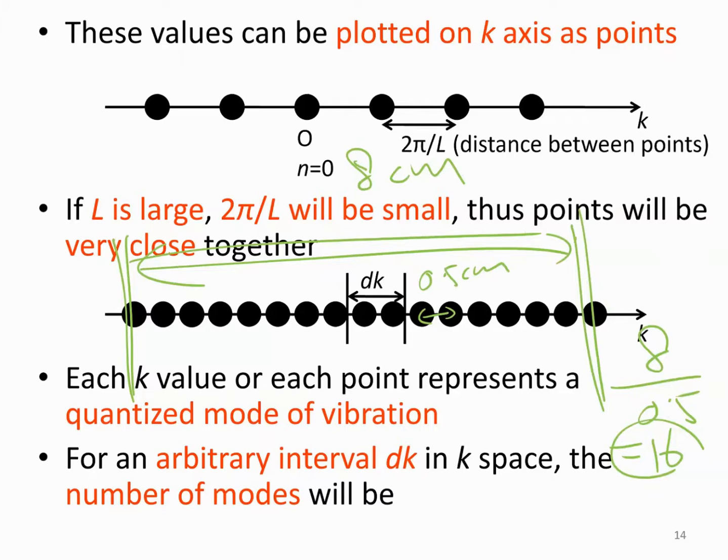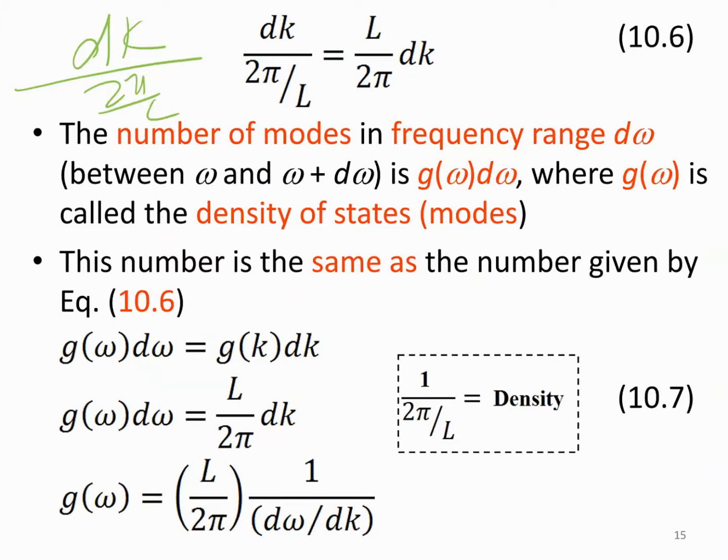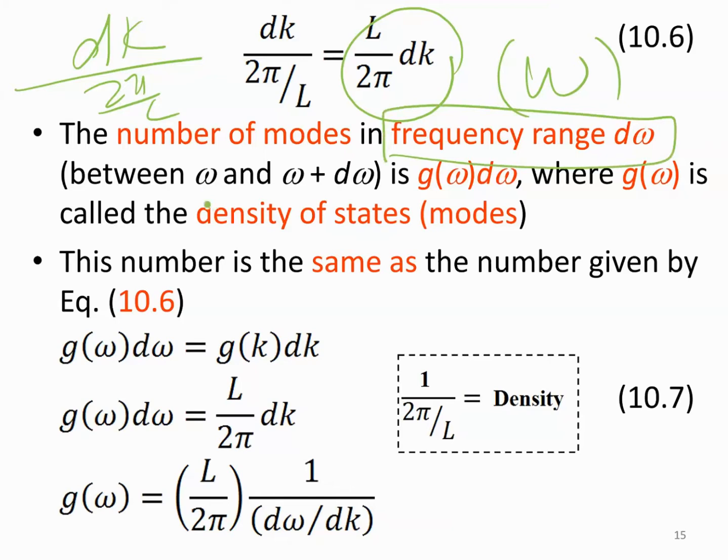But now, we want to know the number of modes in the frequency range of d omega. Okay, and we know that the number of modes in dk should be the same as the number of modes in d omega. Why? Because k corresponds to omega by the dispersion relationship. So the number of modes in the frequency range between omega and omega plus d omega is g omega d omega.